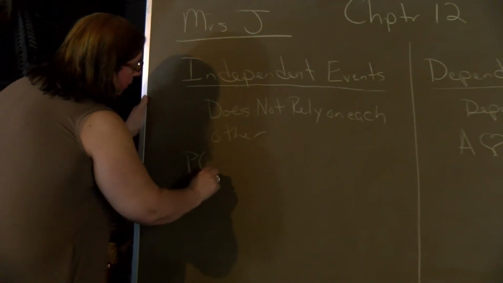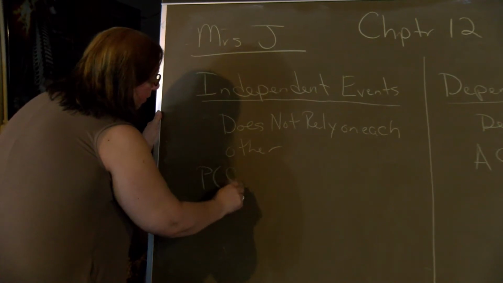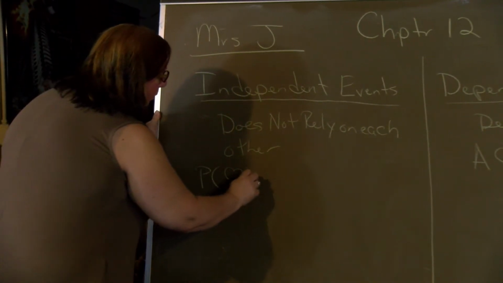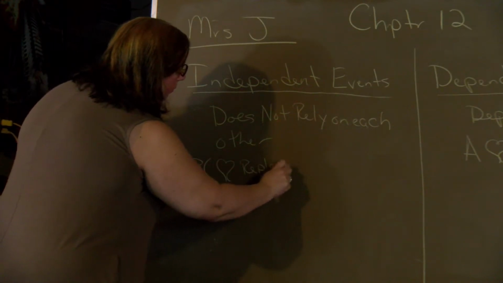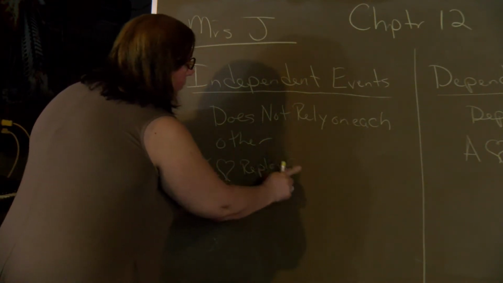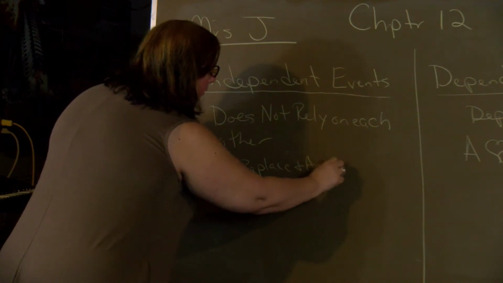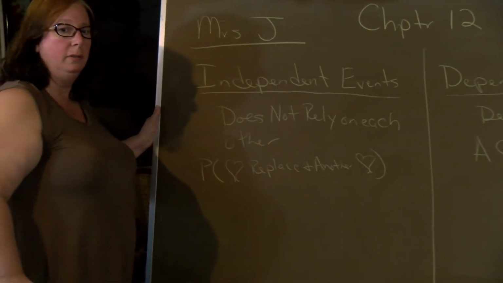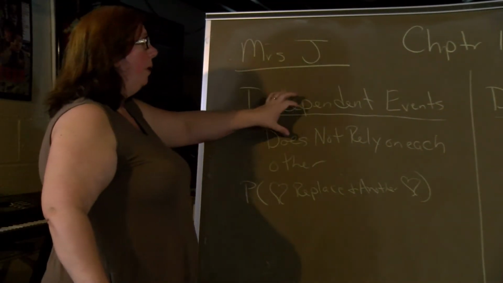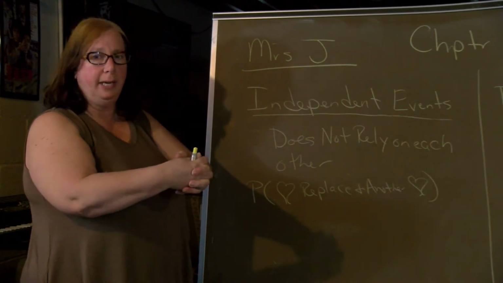So we want to look at the probability of pulling a heart, replace it, and then pull another heart from a deck of cards. When you find the probability of the first and then the second, you can multiply them together.